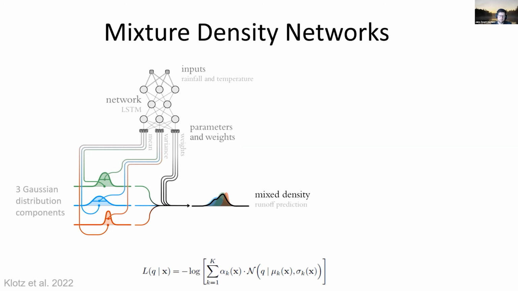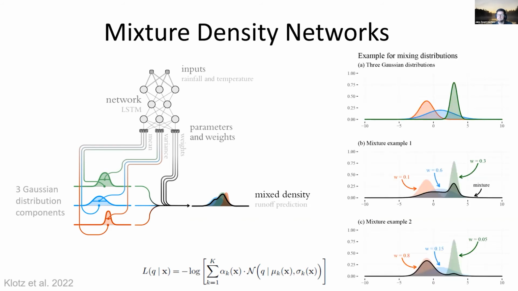This figure is a simple schematic of what this mixture density network looks like. This is an example of predicting 3 different Gaussian distributions, and then combining them with the weights for those distributions to create a final prediction distribution of the temperature.